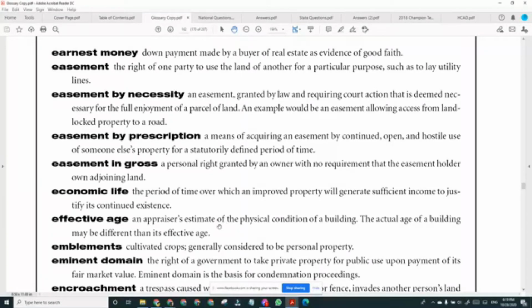Effective age, an appraiser's estimate of the physical condition of a building. The actual age of the building may be different than its effective age. Should the property be upgraded, improved, completely gutted and redone, then its effective age will be today because it was totally redone.